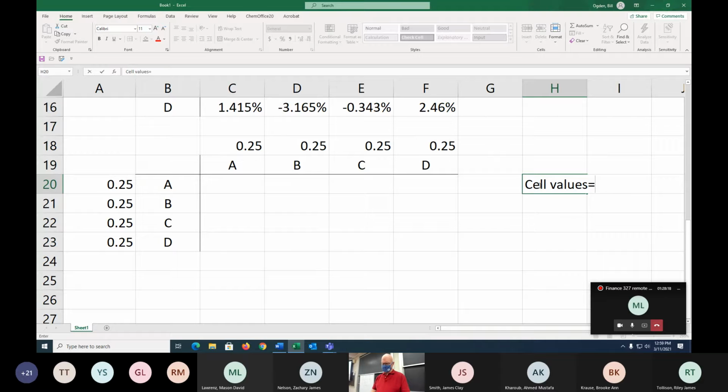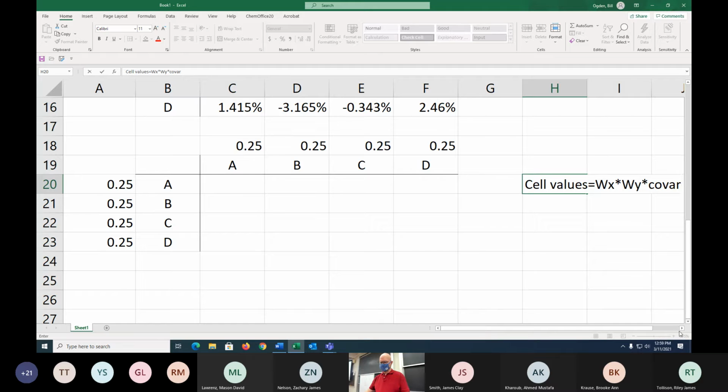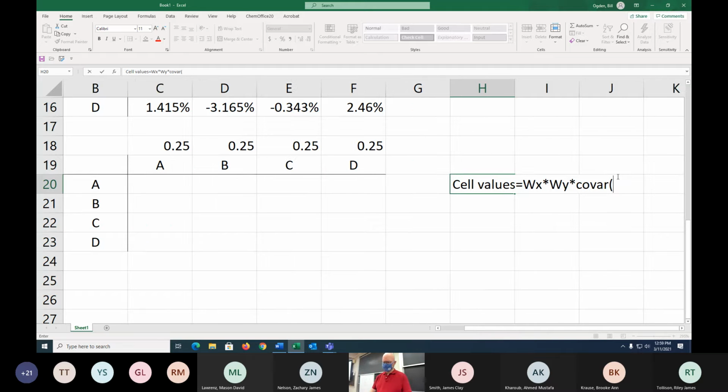So we're going to say the weight of the X times the weight of the Y, if I had 2 stocks, X and Y, times the covariance of X and Y. Basically, what it amounts to is weight times weight times the covariance from that pair.